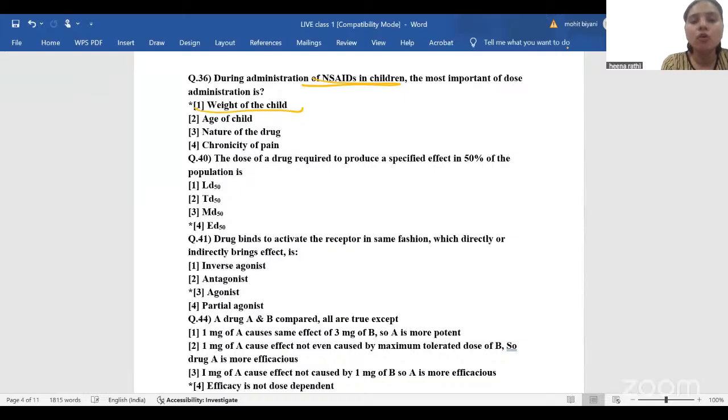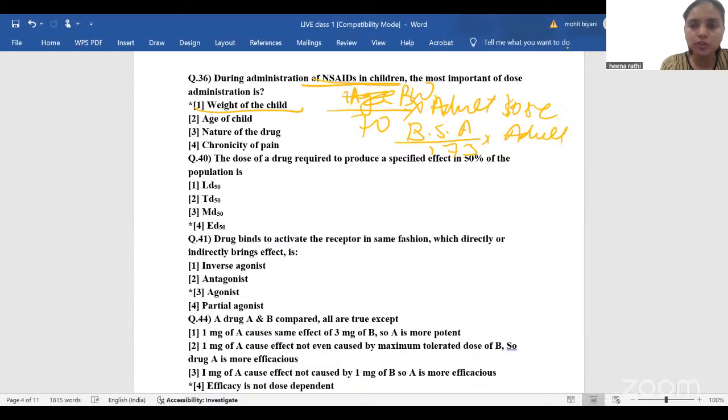There is a formula: body weight divided by 70, into adult dose. Similarly, for the body surface area, the body surface area divided by 1.73, into adult dose, by which we can calculate.